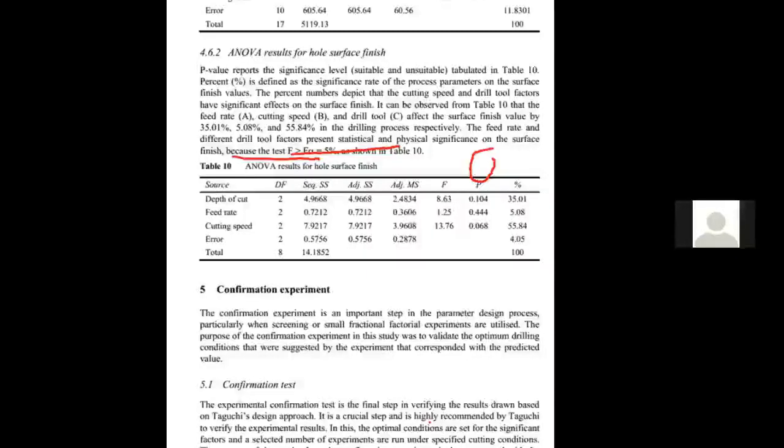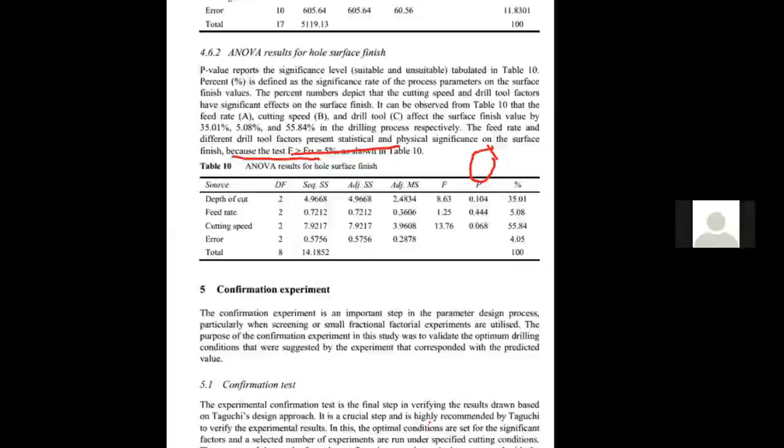This p value means that all these experiments I am performing are at a particular confidence level. Again, just an overview about the confidence level. For example, if I am launching a new product in the market and I don't know whether the product will be successful or fail, my confidence level is minimum, for example 70%.